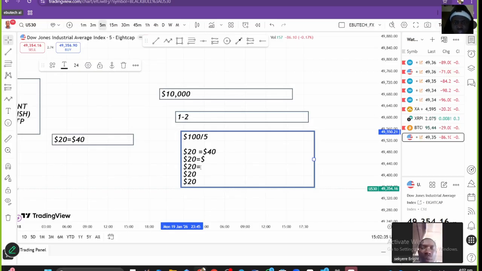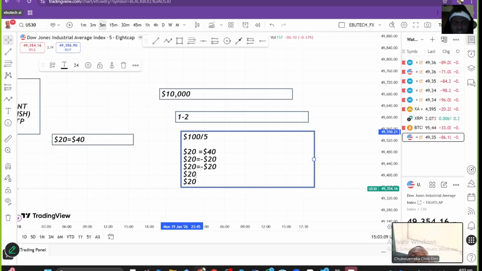Second one, you lose $20. The third trade, you lose $20 again.